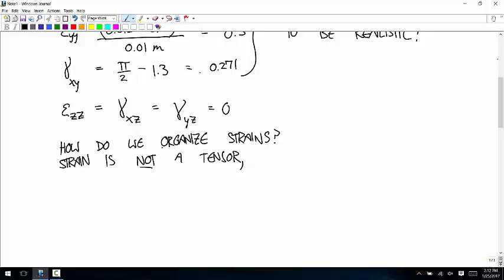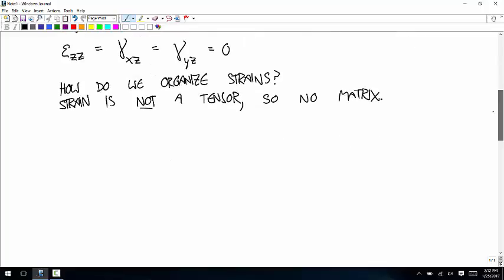Strain, we're not going to write as a matrix because it doesn't have those properties. And so we're going to organize it into the Voigt form, the Voigt strain. That's just the name of a way to organize these 6 values. You could organize them however you want. You could think of your own way and name it after yourself. But someone named Voigt did it this way, and that's what we're going to do.